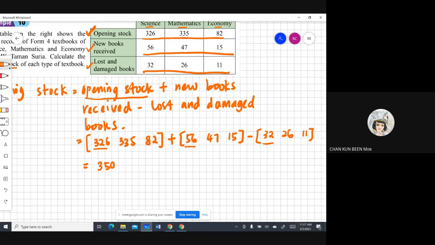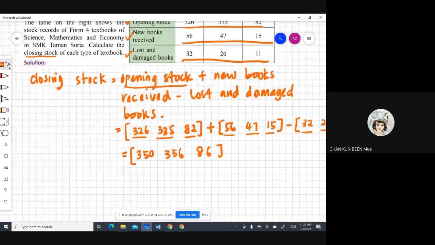The first one. Then second one, 335 plus 47 is 382, right? 382 minus 26 is 356. Okay, next one, 82 plus 15 is 97. 97 minus 11 is 86. Okay, so that's the answer.